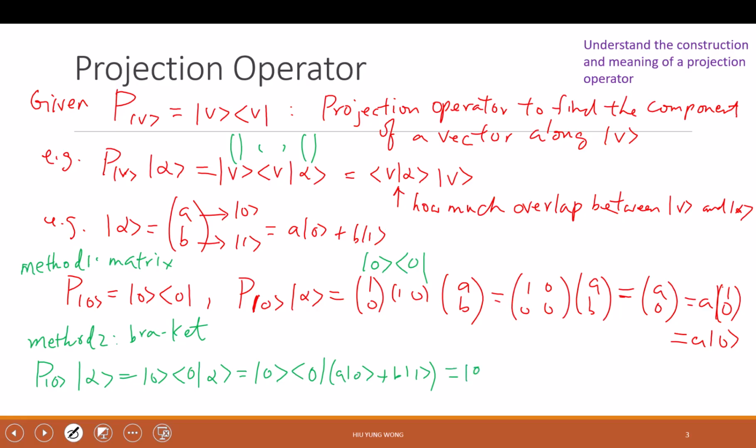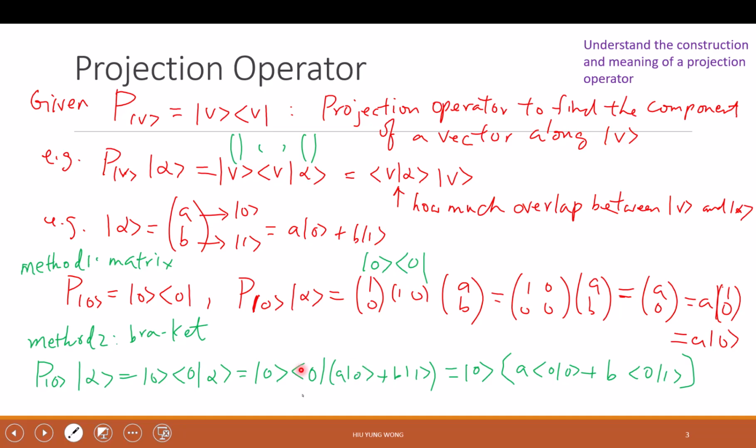I still keep the ket here, and then apply <0| into it, then I get A<0|0> plus B<0|1>. Is this okay? Because I just apply <0| to here and then <0| to here, just the distribution law. Right? You should know this very well.